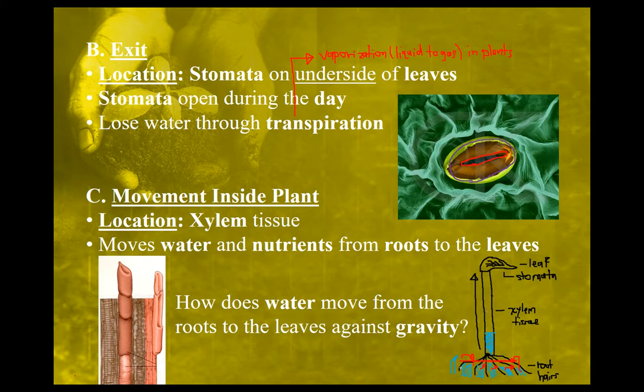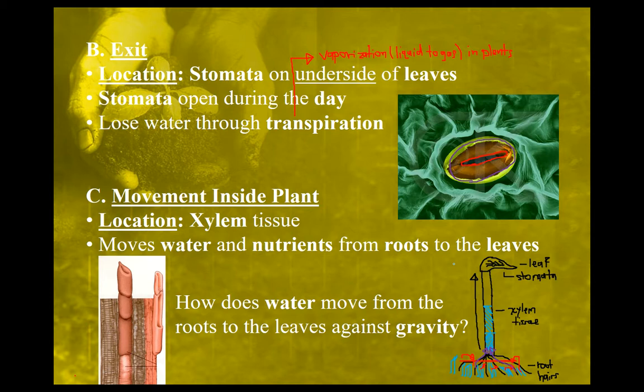So the more water you absorb, all the new water is going to come in through the root hairs, to the bottom of the xylem tissue, and then it's going to displace the already existing water further up. So up it goes. So that's one way you can get the water from the root hairs all the way up to the leaf or the stomata.